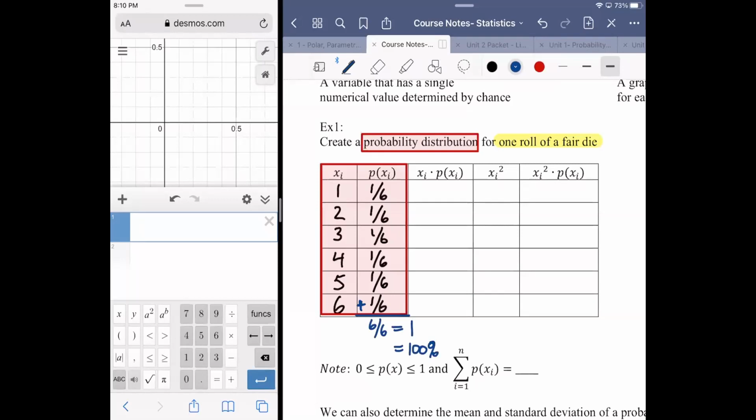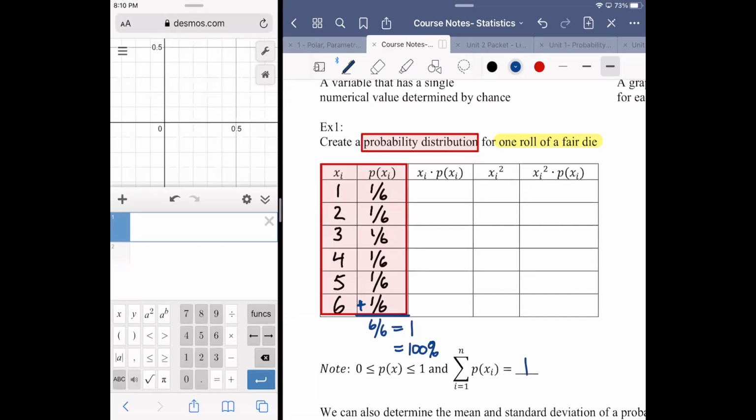At the bottom it says note, P of X is between 0 and 1. All that's saying is that probabilities have to be between 0 and 1, 0 being impossible, 1 meaning certain. But also the sum, that funky E-looking thing is a sum, of the P column has to be equal to 1.